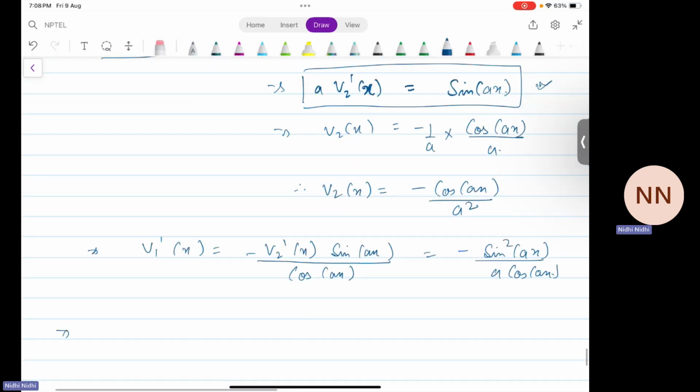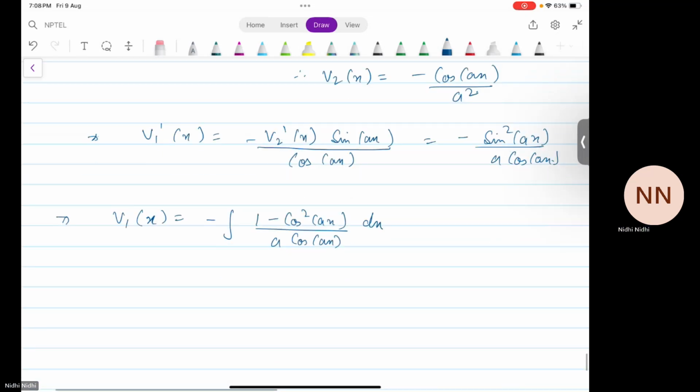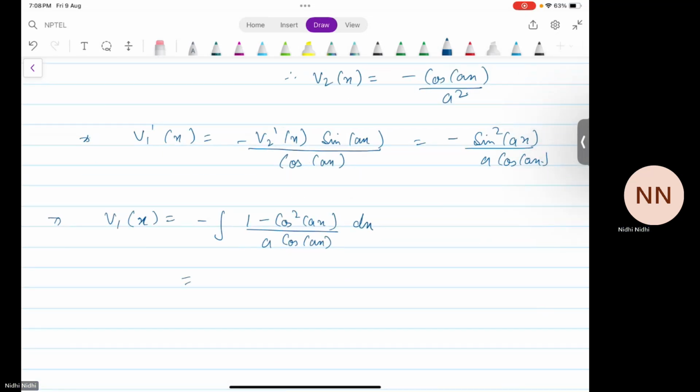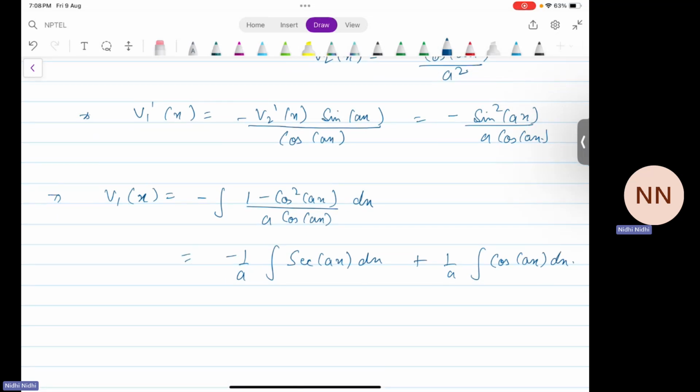Now integrating this, we get v1(x) is equal to the integration of minus (1 minus cos square ax) by a cos ax dx, which gives us minus 1 by a integration of sec ax dx plus 1 by a integration of cos ax dx. Now we know that the integration of sec x is log of sec x plus tan x.